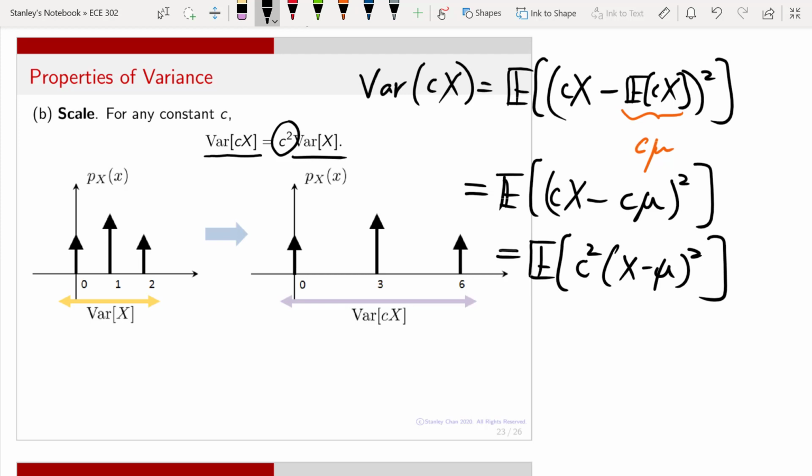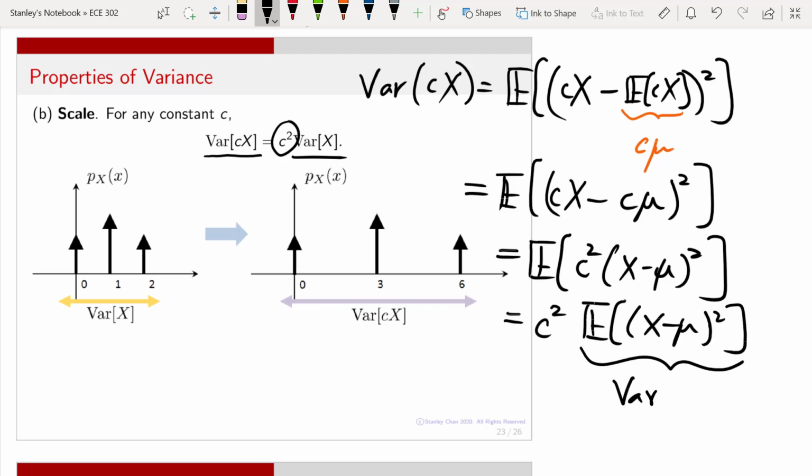And since this c squared has nothing to do with your randomness, the c squared can come out, so you have c squared times expectation of (X minus mu) squared, and this is exactly the variance of X. Okay, so we have proved this result, but the pictorial illustration is even more informative.